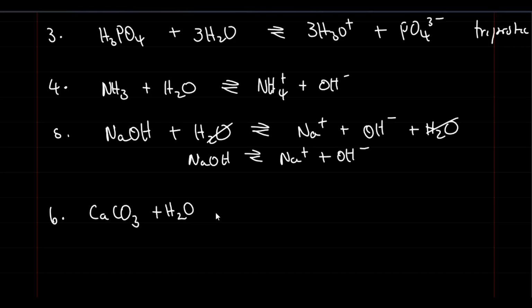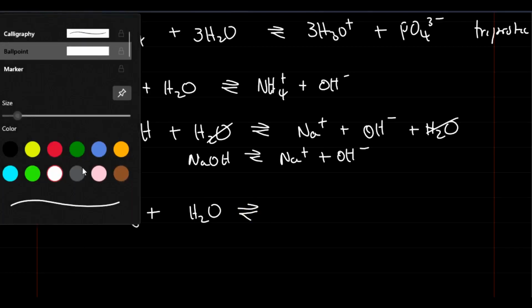So also, what are you going to check here? A carbonate ion has a charge of -2.